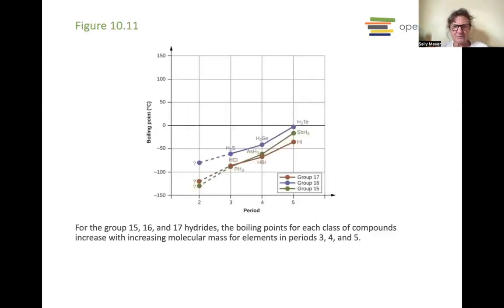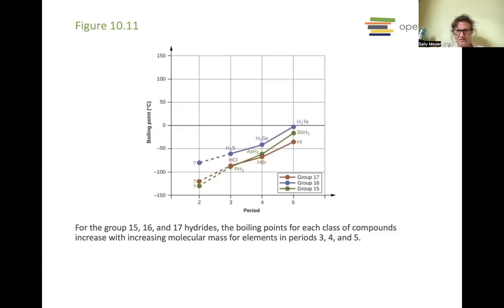This is an interesting picture. It shows you within the group, for example, going down the sulfur group or the halogen group or the next group, let's look at the top one.